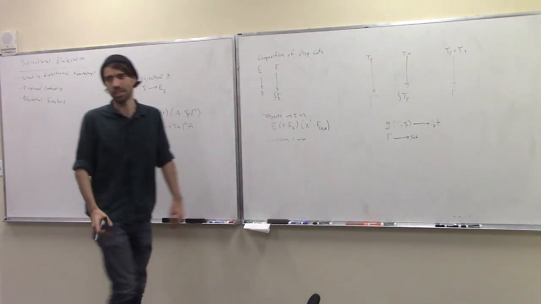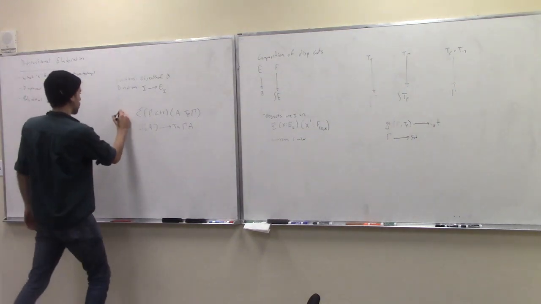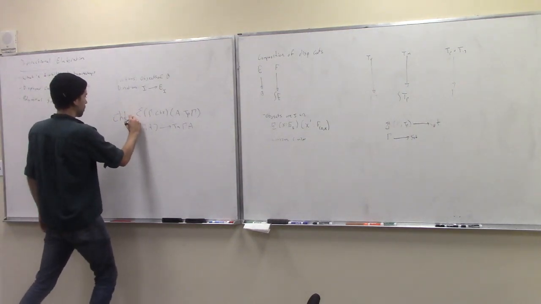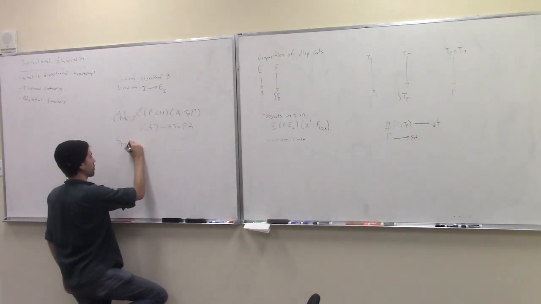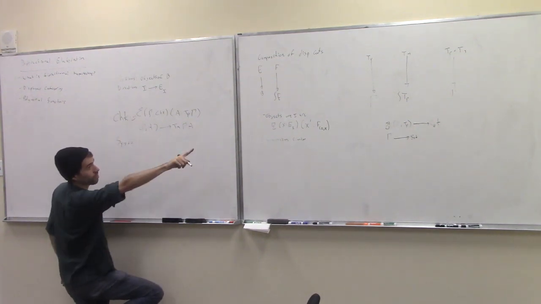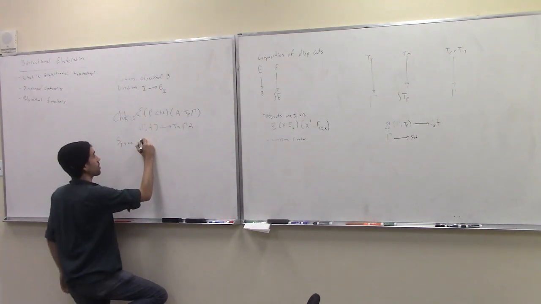Now what about this composite? Well, the positions are just going to be contexts. So I'm going to call this the check polynomial. And then syn is going to be the object polynomial of the composite. So that is going to be just contexts, or the positions.